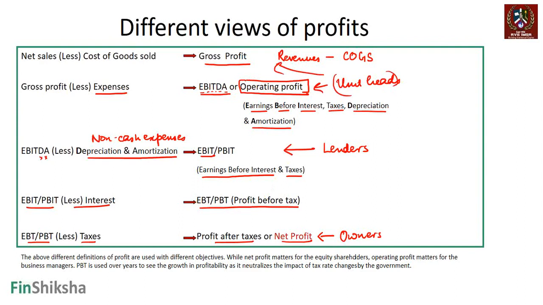And if you're comparing multiple companies, but you want to remove the difference in tax regime in India and Europe and US, then you use profit before tax as one of the key metrics, correct? So depending on who is trying to look at data, multiple views of profits become important. Obviously, you can derive the entire structure when you're creating the P&L statement. All of this will get created for the company, right?